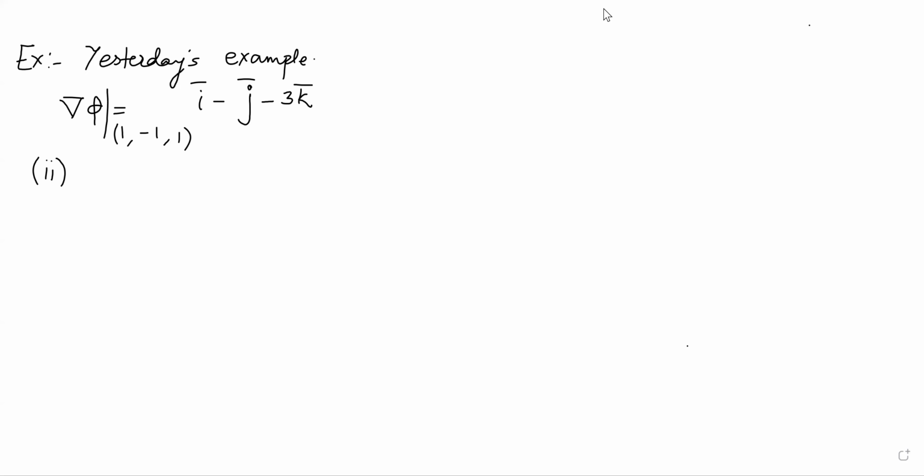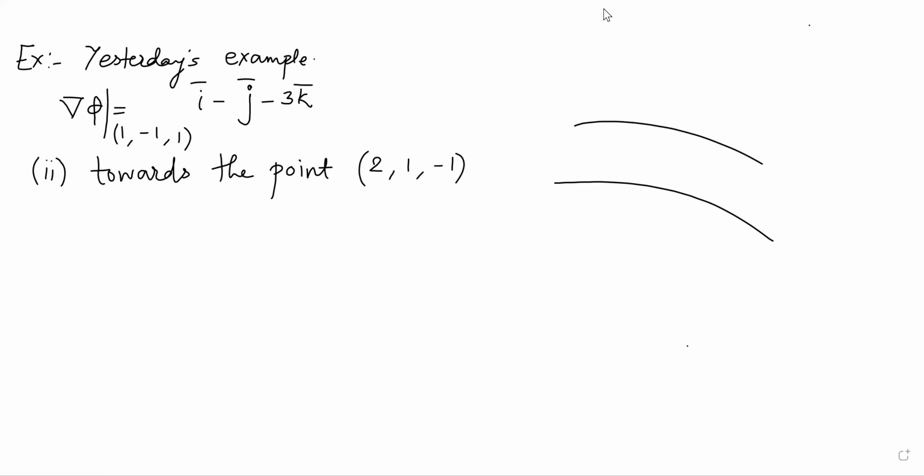It is towards the point (2, 1, -1). It is given that towards the point (2, 1, -1). So what I have is the surface somewhere, okay, this is your level surface.